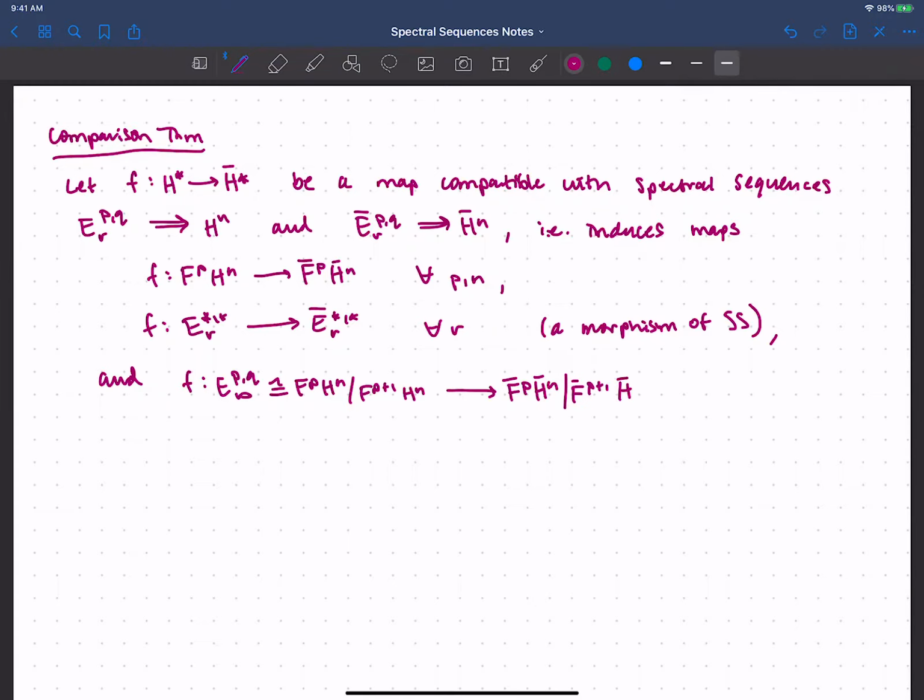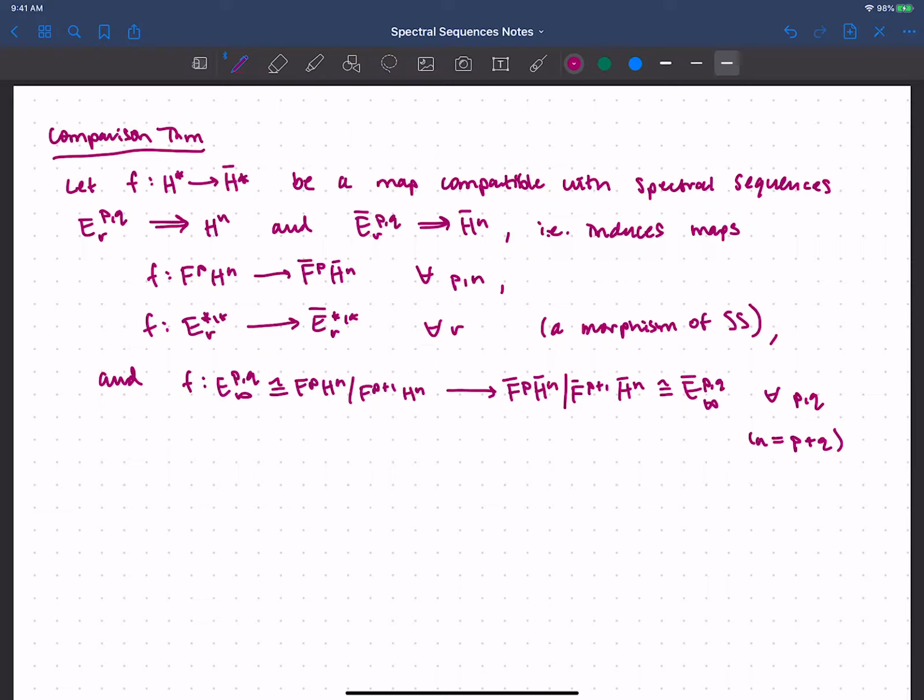Okay, and that's of course identified with the E infinity term in my other spectral sequence, and I just want that F induces this map. So that's really for all p and q, and I said this, but I'm following my usual notation that n here is p plus q, so I don't have to keep writing p plus q a million times.